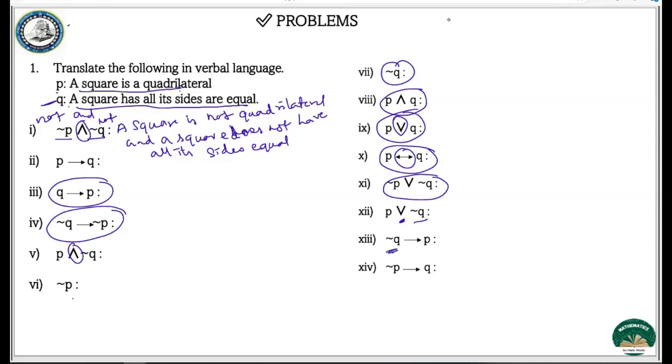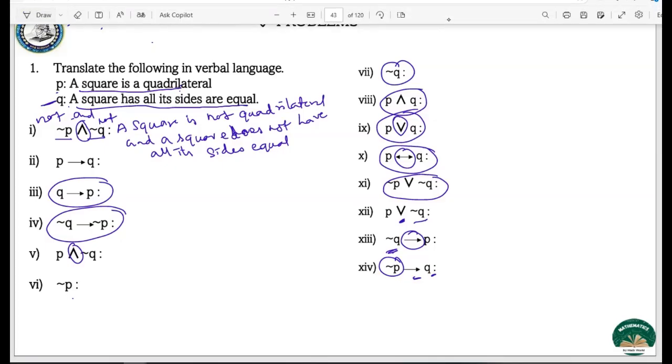Then negation Q implies P: if a square does not have all its sides equal, then a square is a quadrilateral. Then negation p implies q: if a square is not a quadrilateral, then a square has all its sides equal. So this is how you convert symbols into verbal language.